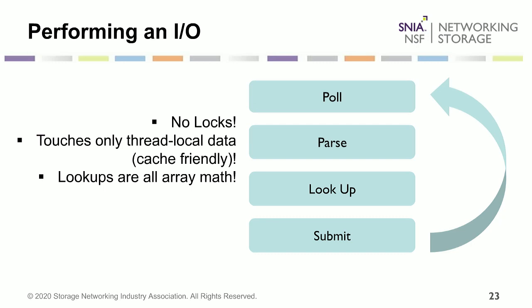There is polling, of course, at this top level, where when it polls the transports, it also polls all of the backing storage devices to ask if any I/O have completed, and it does the reverse process, going backward through the stack to send completions out on the network. It's more or less the exact same thing in reverse.